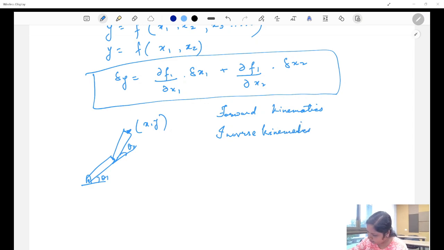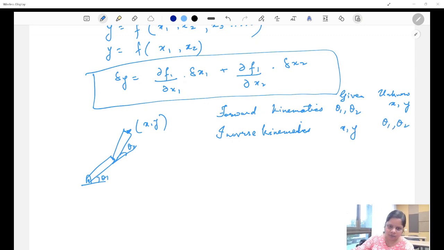In forward kinematics, we are given the thetas and want to find x and y. In inverse kinematics, we are given x and y and want to find the thetas.